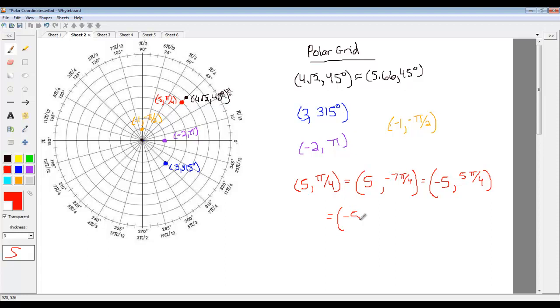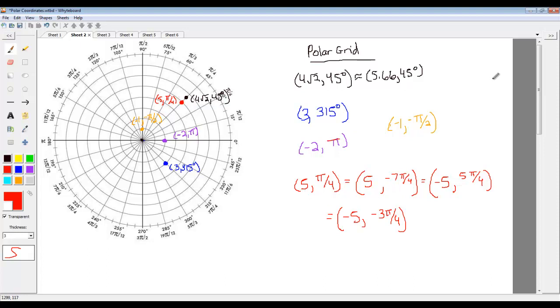Or you could do -5 comma, maybe instead of 5 pi over 4, go this direction, -3 pi over 4. So there's all kinds of possibilities. If you went -3 pi over 4, you'd end up here, and then went -5, opposite direction, you end up there. Those are just a few of several ways you could express the same location.